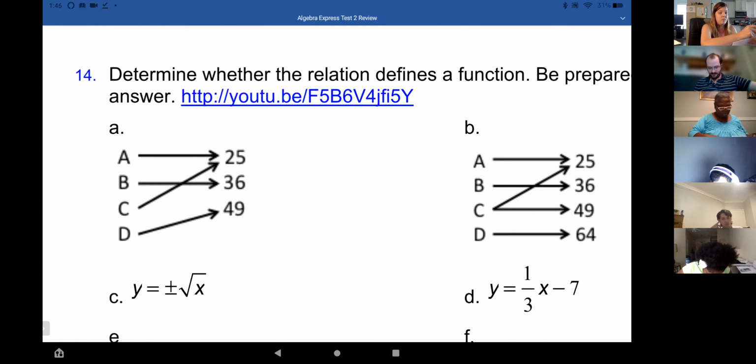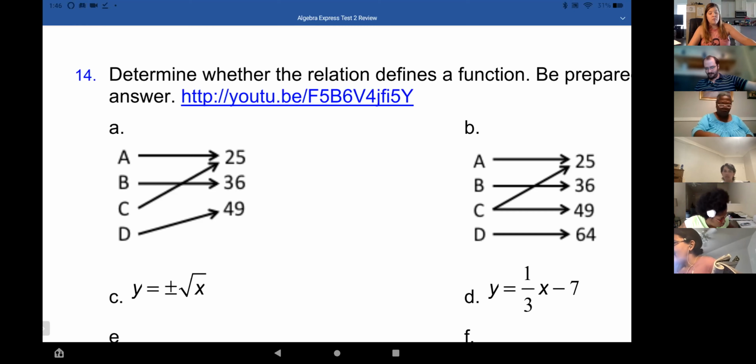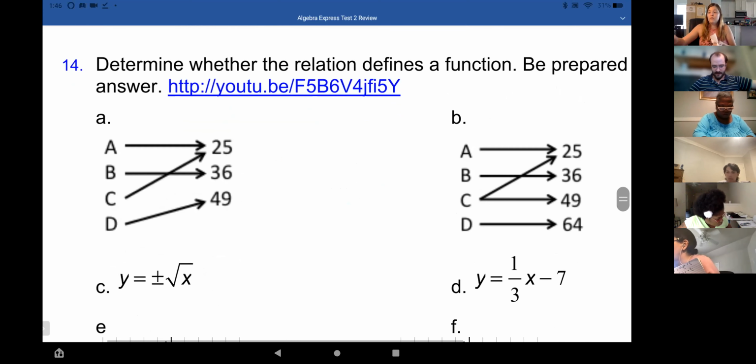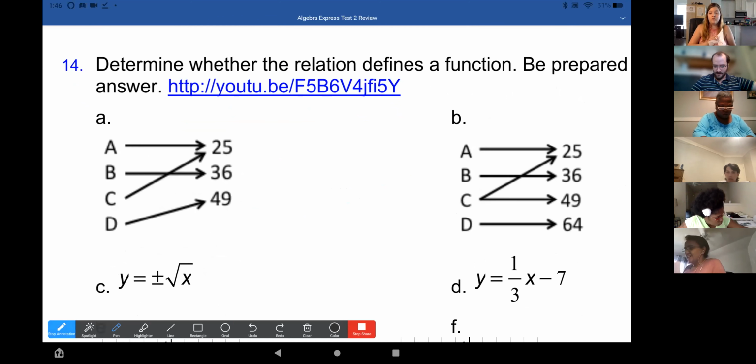No, it's not, because one input has two outputs. They need to have separate outputs. If we plug in A we get 25, plug in B we get 36, C 25, D 49. Here A and C have the same output, 25.